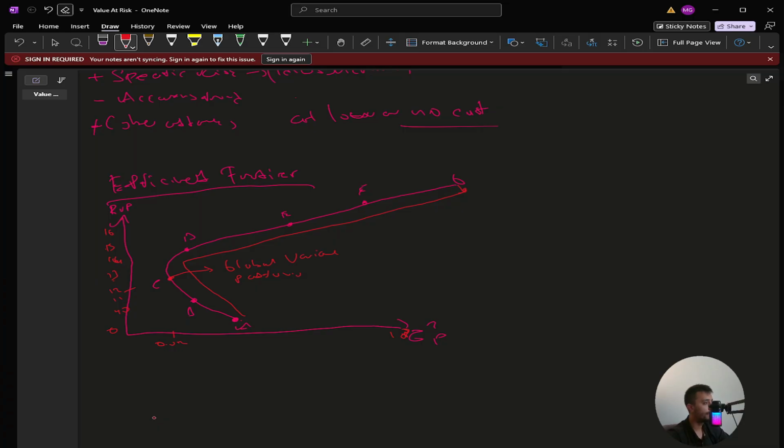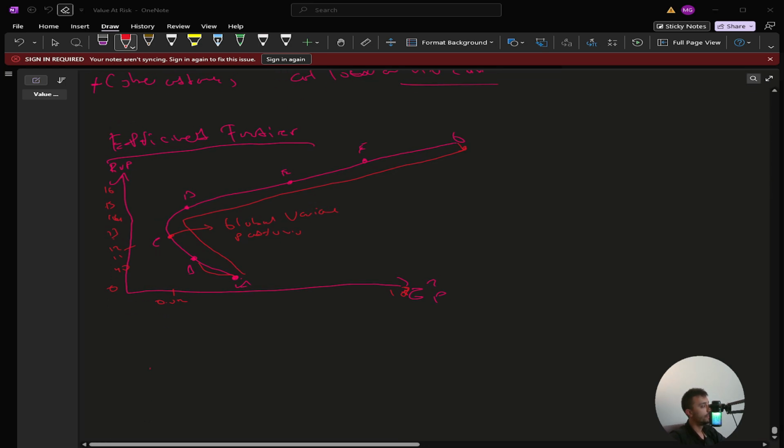Therefore, at the leftmost point of the efficient frontier, points A and B lie on the so-called portfolio possibilities curve. This is an extension of the efficient frontier below the global minimum variance portfolio C. However, points A and B or other points below the efficient frontier are considered inefficient because there is always a portfolio directly above them on the efficient frontier offering higher return for the same amount of total risk.